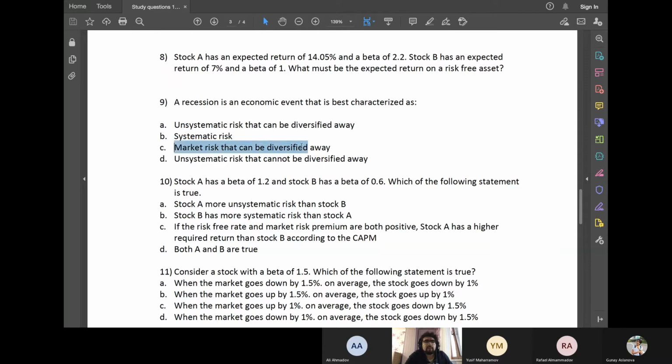C, market risk can be diversified away. It is not market risk, because we cannot diversify market risk. It is the total risk for the market. Unsystematic risk, it is also firm-specific risk, nothing to do with the recession or all the market. So therefore, our true answer is B, systematic risk.